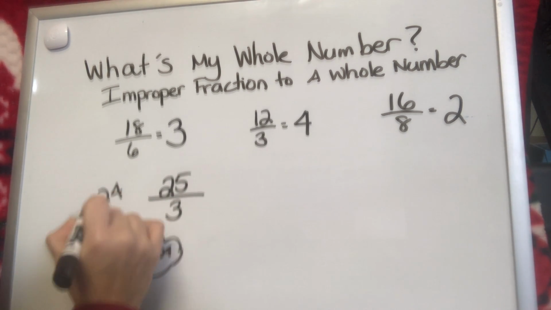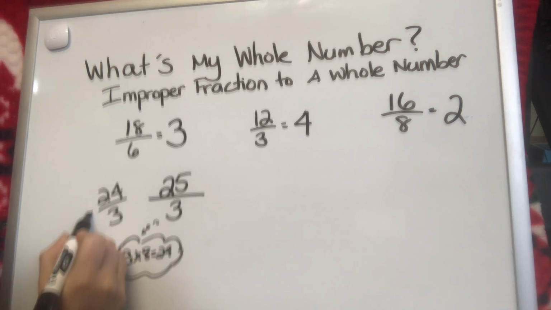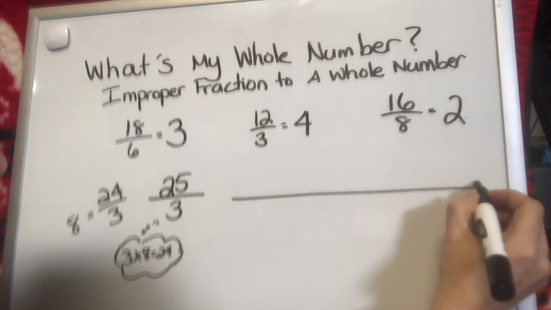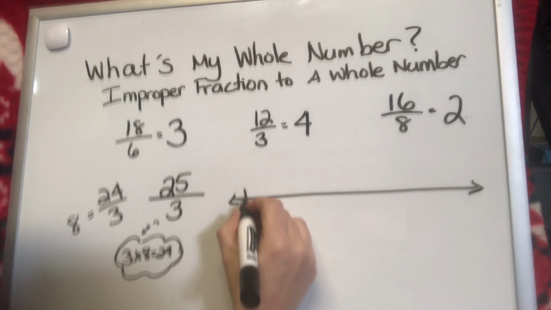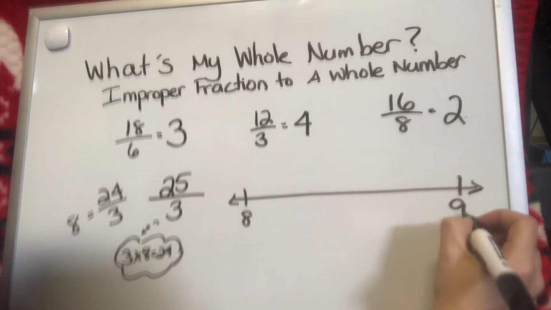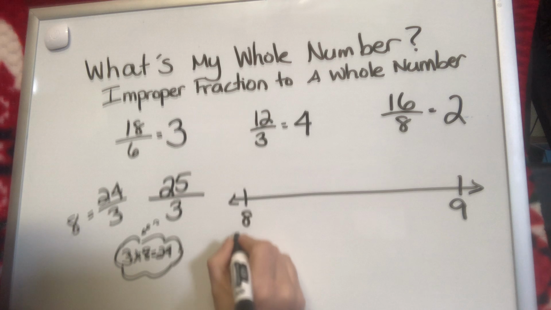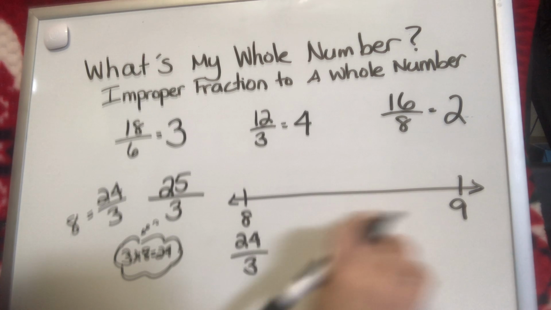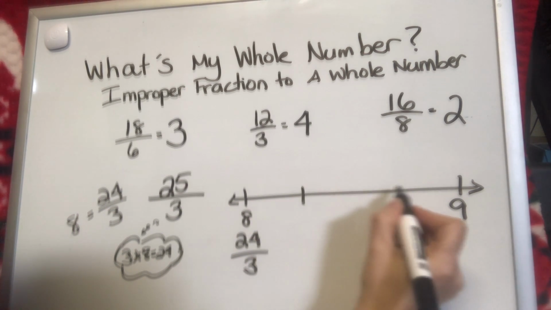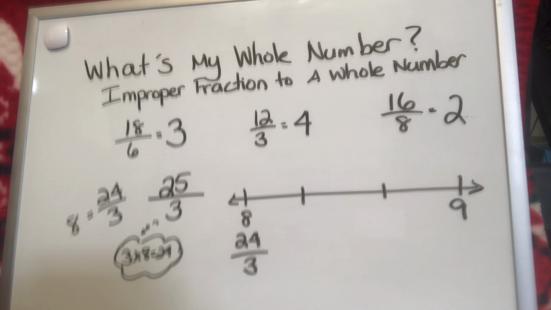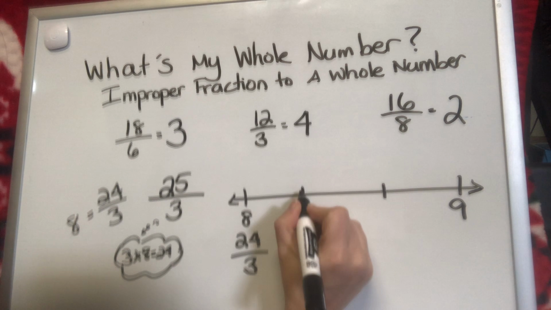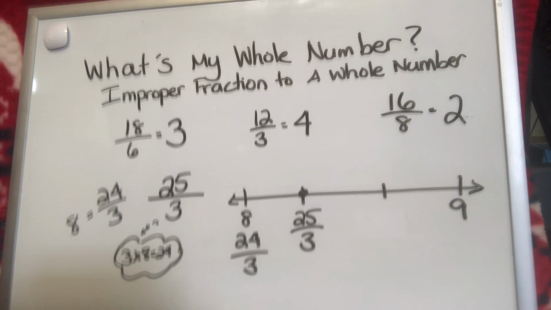So 24 thirds would be 8, right? This is above that. So when I make my number line, I'm going to start with 8 and go to 9. And this would be 24 thirds, right? So now I have to break it up into thirds. And this would be 24. This would be 25 thirds. Okay? All right. We'll stop there. We'll try a couple on our own in a little bit.